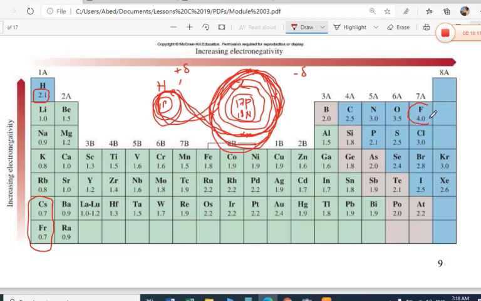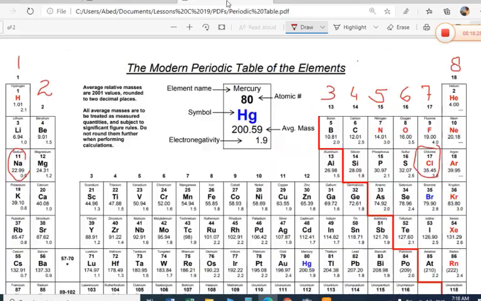So the upper right hand side has the most electronegative elements, and the lower left hand side has the least electronegative elements. You can see this in the original periodic table. The number on the left hand side at the bottom is the electronegativity in the periodic table. Okay.